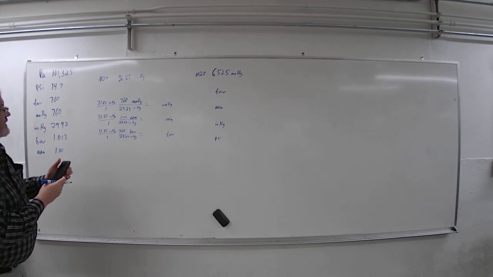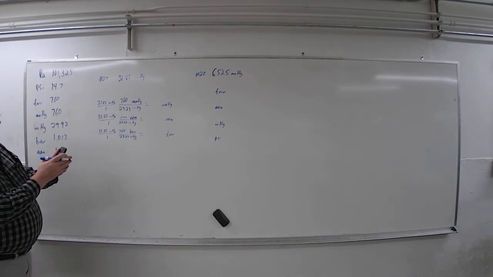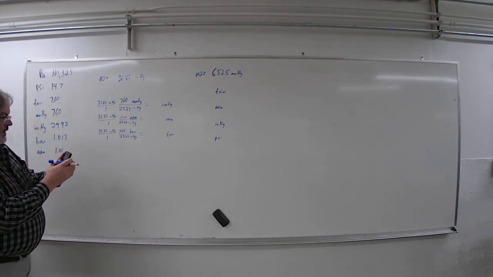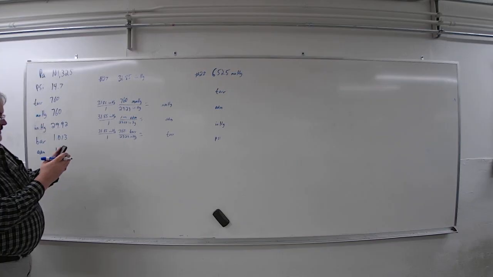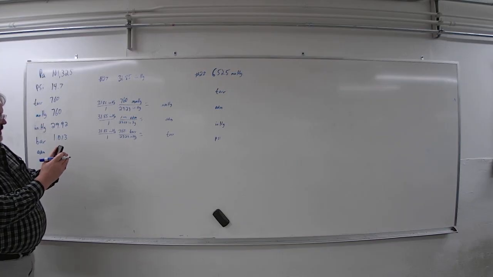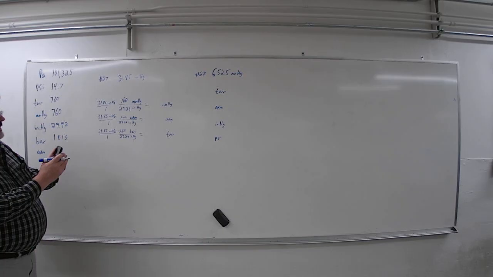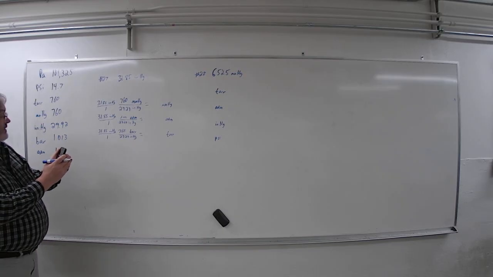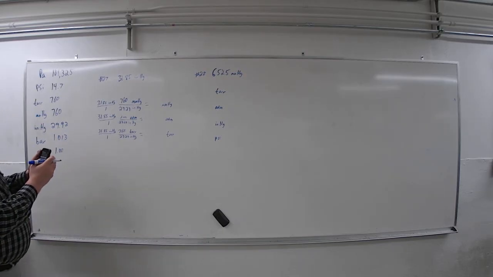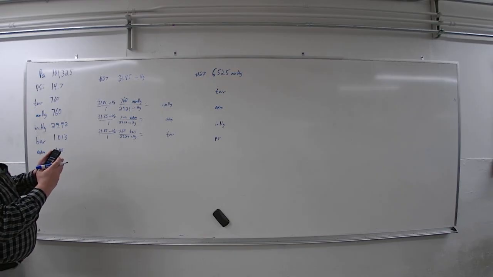So if I calculate these out, 31.85 times 760 divided by 29.29, that's 29.92.